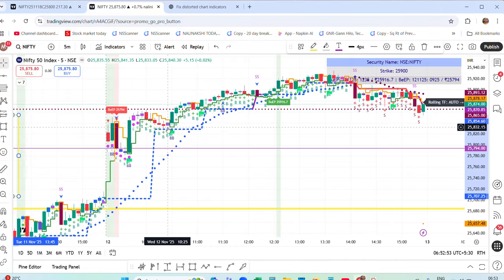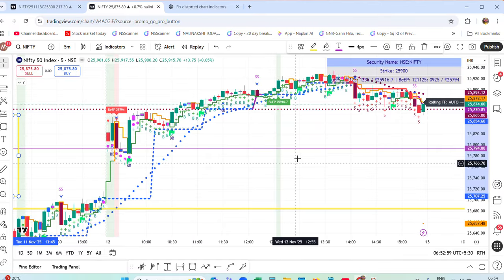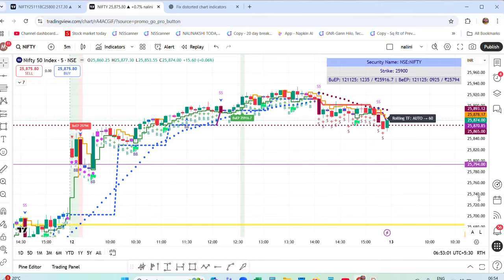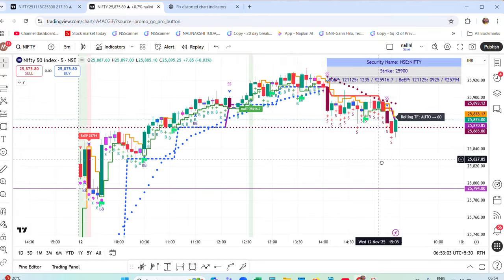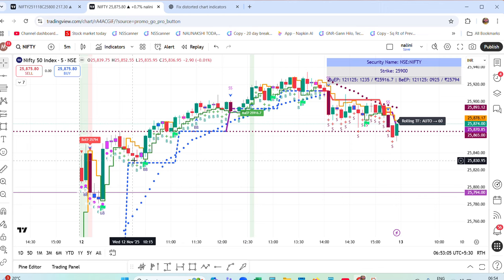Or you can wait for the balance line to form and enter around 25,832. Like this, you could have entered carefully after the move, on the second pullback.